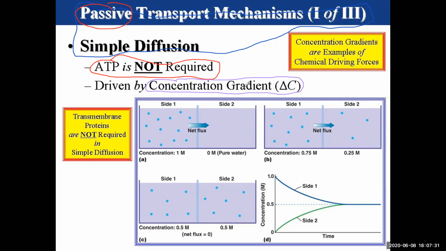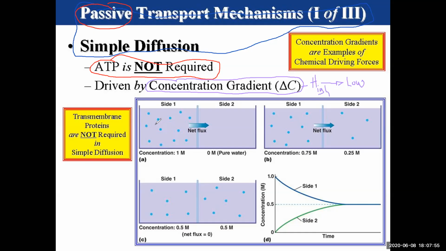So when we talk about a gradient, it always goes from high concentration to low concentration, right? So always, when we talk about a gradient, it's always from high going to low.